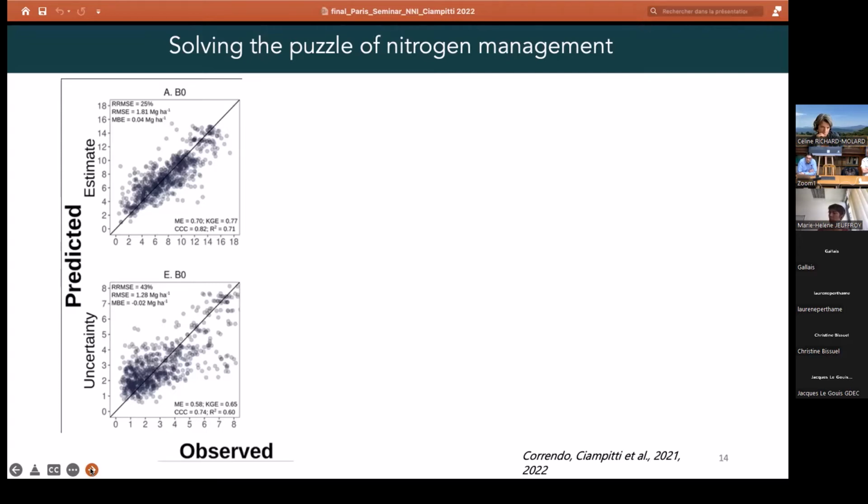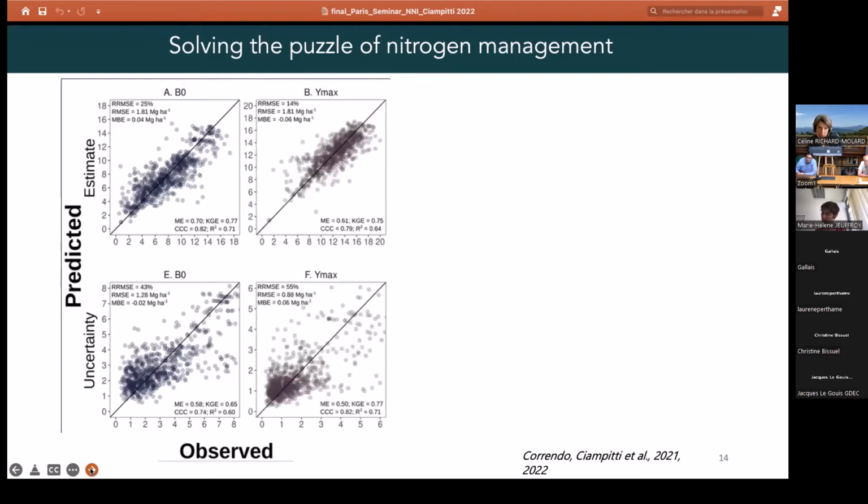But we also look at the uncertainty. So it's not easy to say, I can predict the estimate, and then what is the uncertainty, and can I predict that uncertainty? If you look at the lower panel, it shows that the prediction of uncertainty is not as good as the prediction of the estimate.